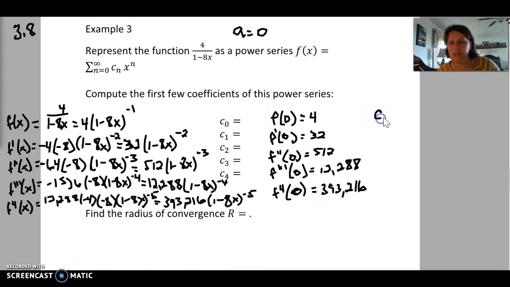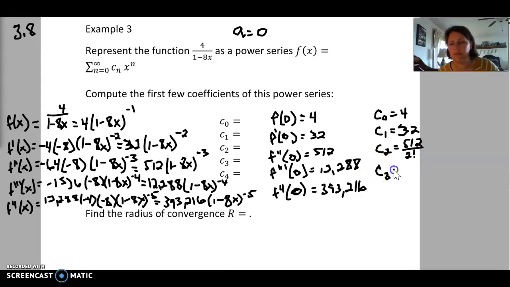Okay, so c sub 0 is going to just equal 4. So this is going to be our coefficient, so now we're including the factorials. So no factorials for the first two. C sub 0 will equal 4. C sub 1 is going to equal 32. And then c sub 2, now we have to start getting into those factorials. It's going to be 512 divided by 2 factorial.